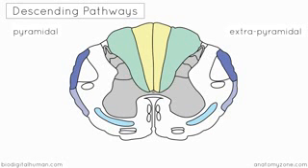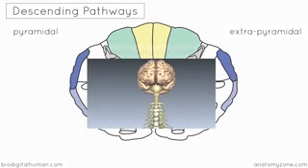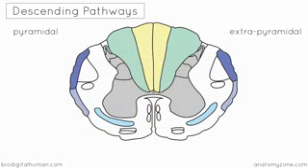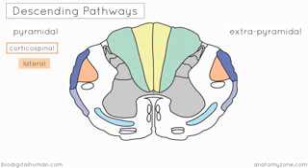So it's useful to think of these descending tracts as pyramidal or extrapyramidal. And pyramidal just refers to tracts which pass through the medullary pyramids. So the pyramidal tracts are the corticospinal tracts. So you've got the lateral corticospinal tract and the anterior corticospinal tract, which I've highlighted in orange.